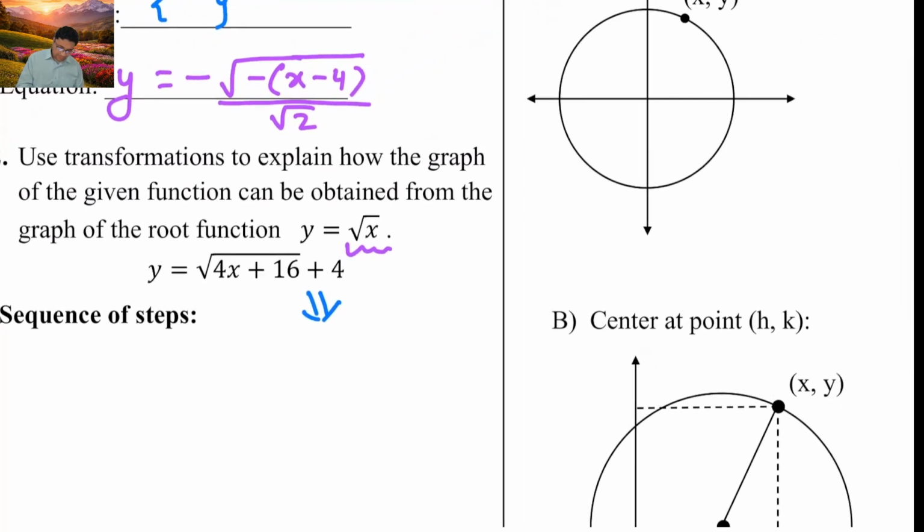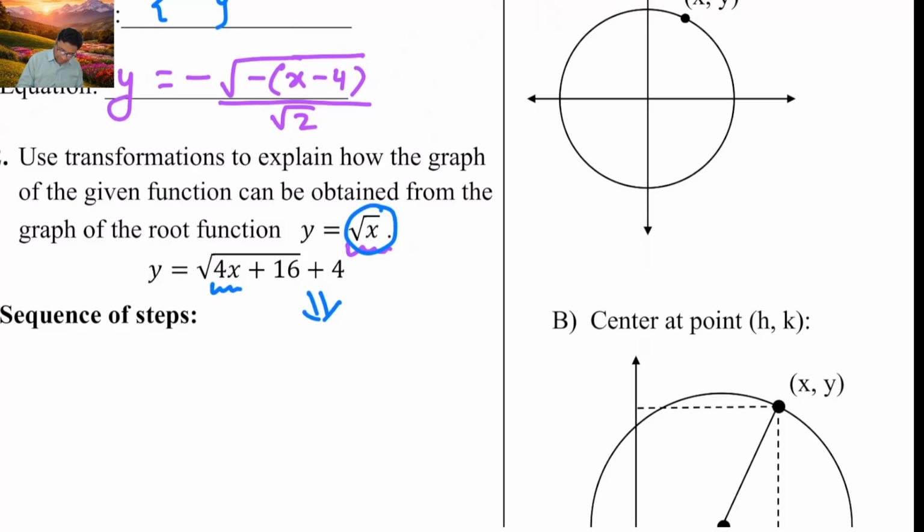Because you might think that x is multiplied by 4, so that should be some kind of stretching, right? The vertical stretching, but it's not 4 times. The reason being that we're talking about the root function, not x, under root x.